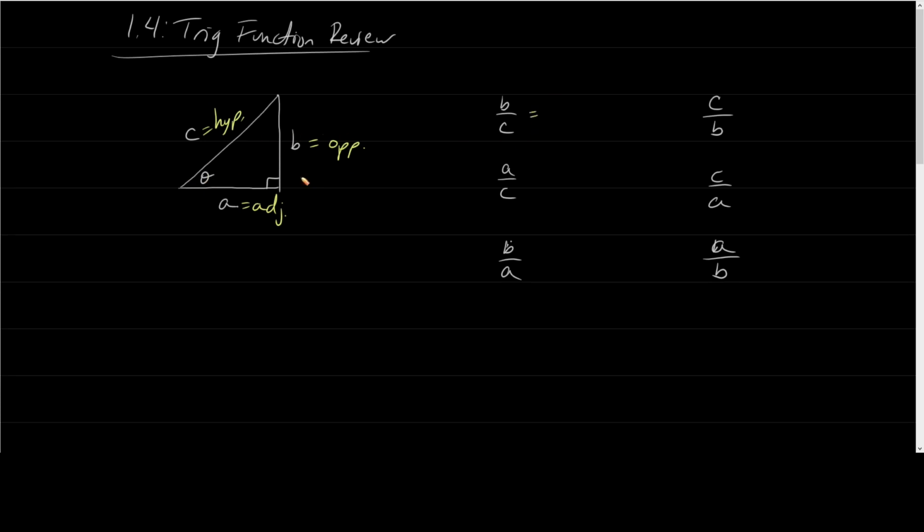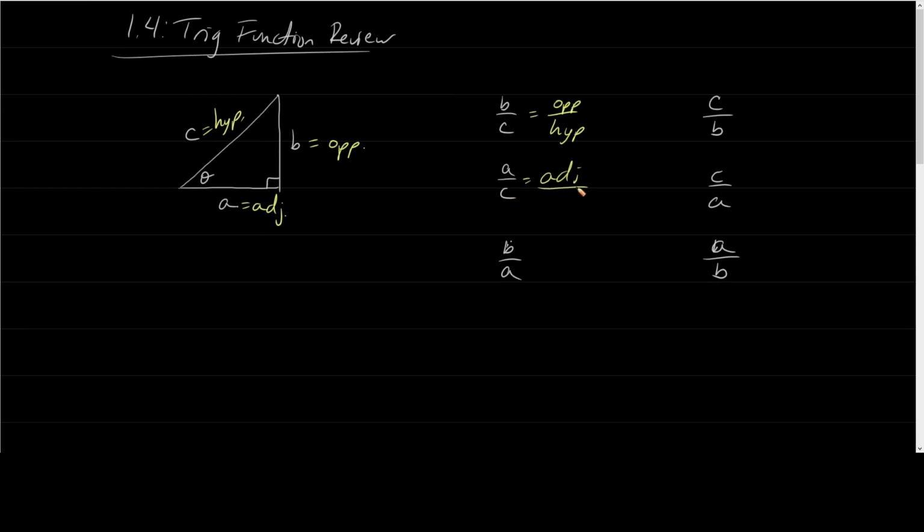So if I have B over C, that would be the opposite over adjacent. A over C would be the adjacent. Oh, hold on, not opposite over adjacent. Opposite over hypotenuse. All right, because C is the hypotenuse.